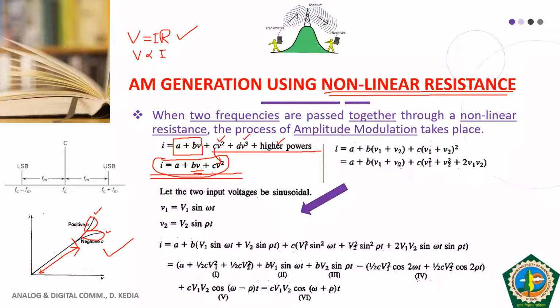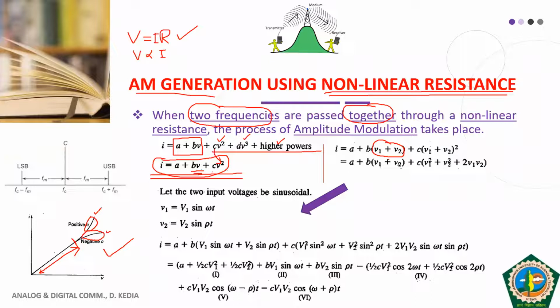Now, how to generate AM using this non-linear resistance? If we pass two frequencies together through a non-linear resistance, as a sum, then instead of V, I am passing V1 plus V2.